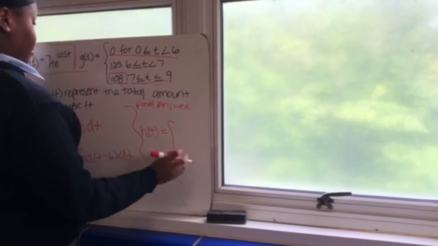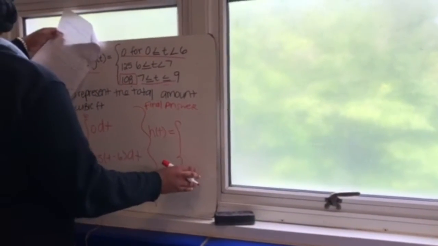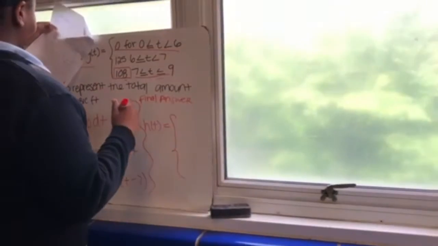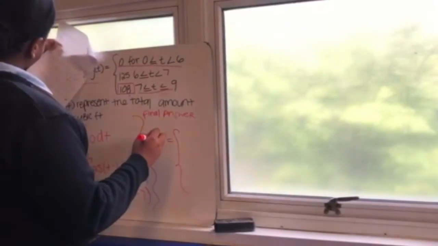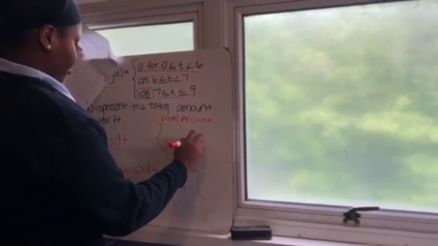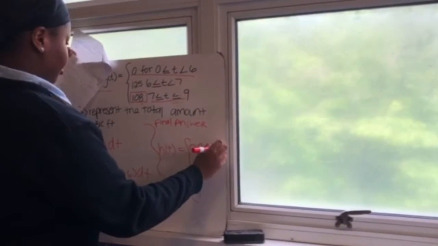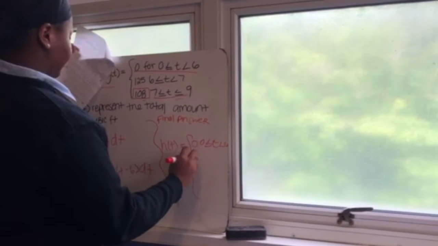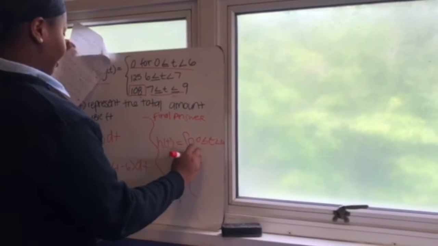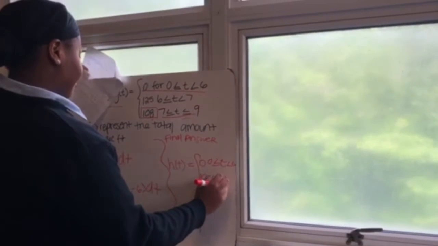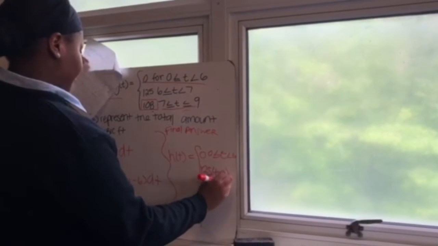Basically, where I'm getting the t minus 7 from, and the t minus 6 from h of 6 before, is that you have to subtract the time minus the a in the interval. In this case the bound was 7, and the bound for the other equation was 6.